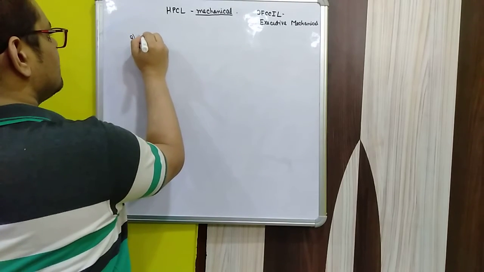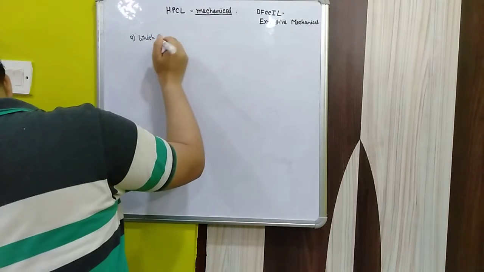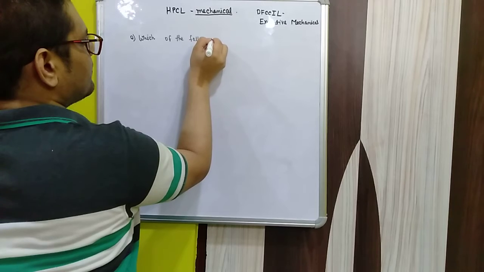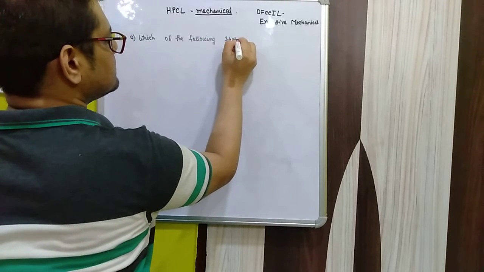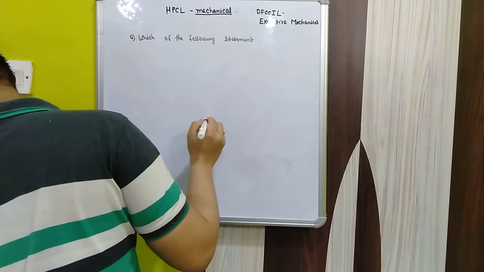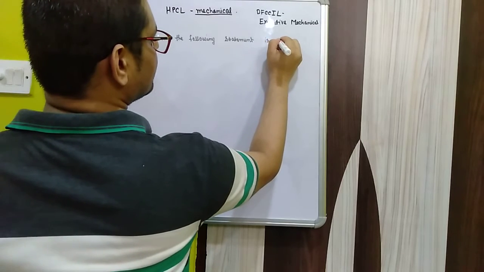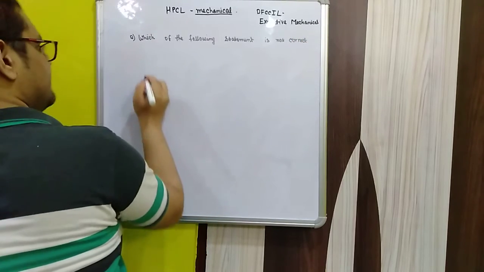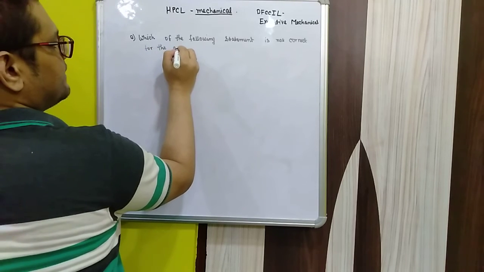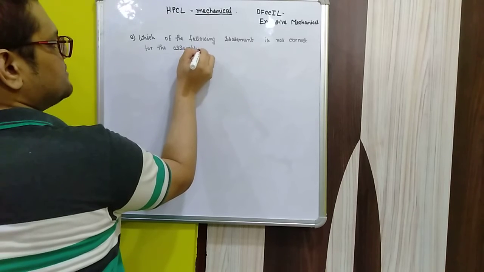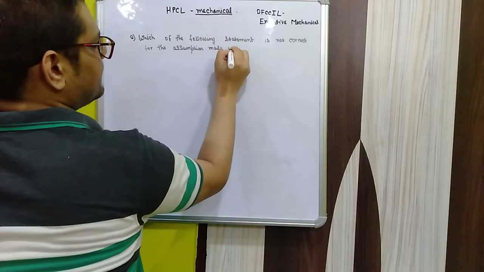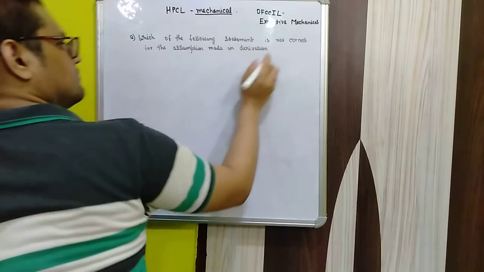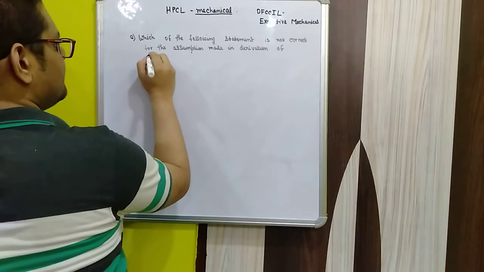The next question is asking which of the following statements is not correct for the assumptions made in the derivation of Bernoulli's equation.